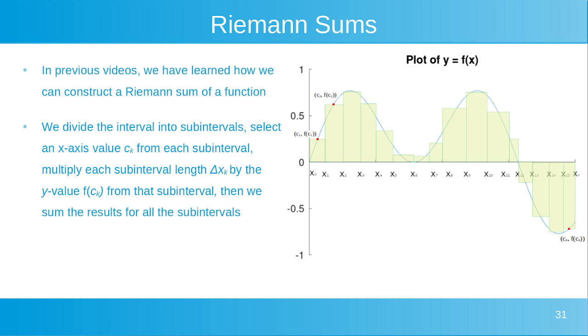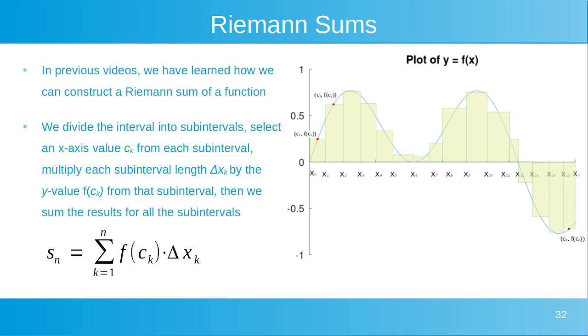We sum delta x1 times f of c1 plus delta x2 times f of c2 plus delta x3 times f of c3, and so on, all the way up to delta xn times f of cn. So the sum of these products, that sum is our Riemann sum of the function.